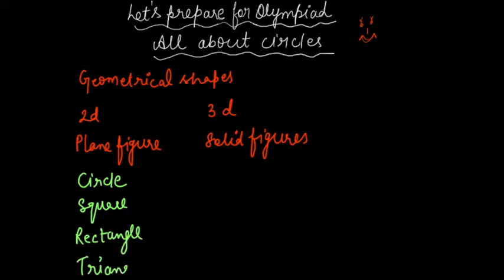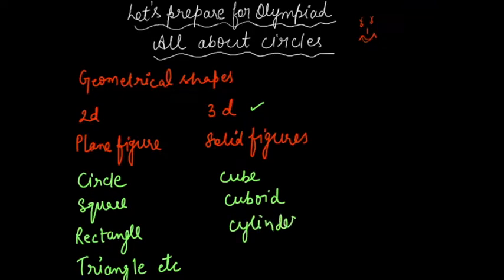There are other shapes like trapezium, rhombus, etc. 3D figures, which along with length and breadth also have height, are like the cube, cuboid, cylinder, sphere, cone, etc. All these shapes come under three-dimensional figures.